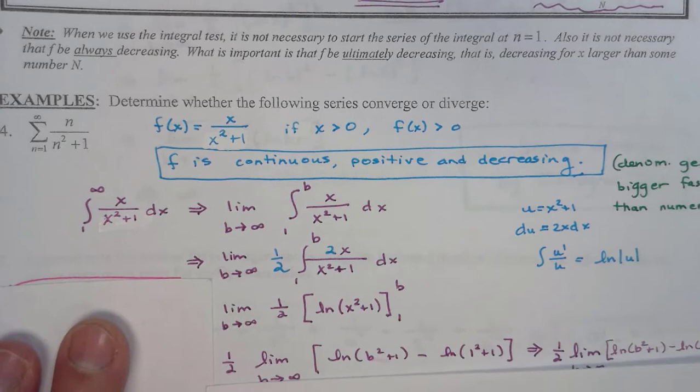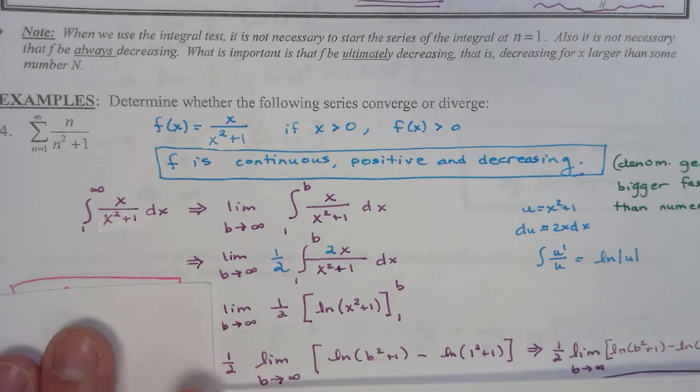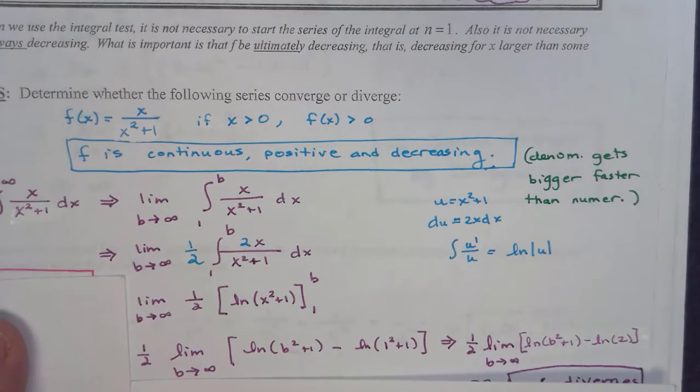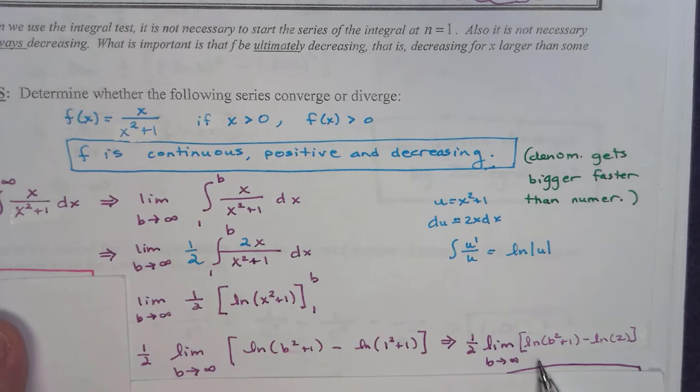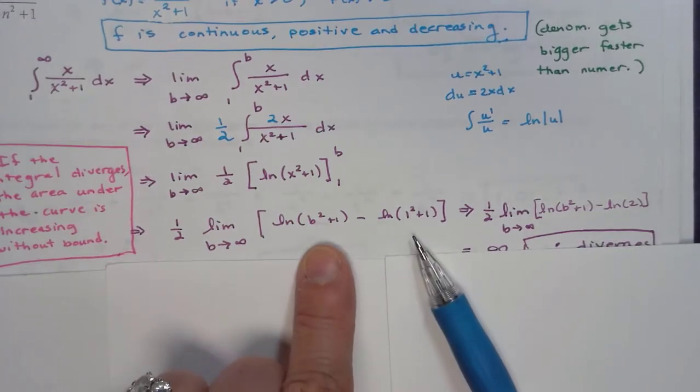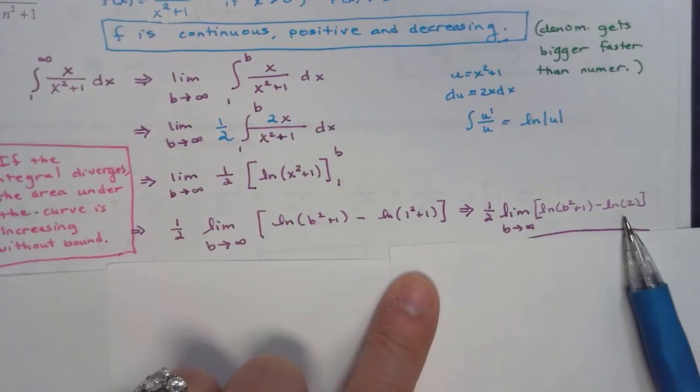So we get 1/2 the limit as b goes to infinity of natural log of b squared plus 1 minus natural log of 1 squared plus 1. This gives us 1/2 times the limit as b goes to infinity of natural log of b squared plus 1 minus natural log of 2. So let's think about what's going on here. We know that ln 2 is just a constant.